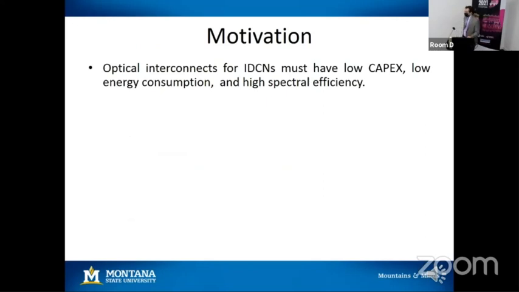So you all know that optical interconnects for inter-data center networks must meet some requirements, especially low cost, but also low energy consumption and high spectral efficiency. Now, for low cost, people consider direct detection because in this space, coherent detection is considered for the moment prohibitive.